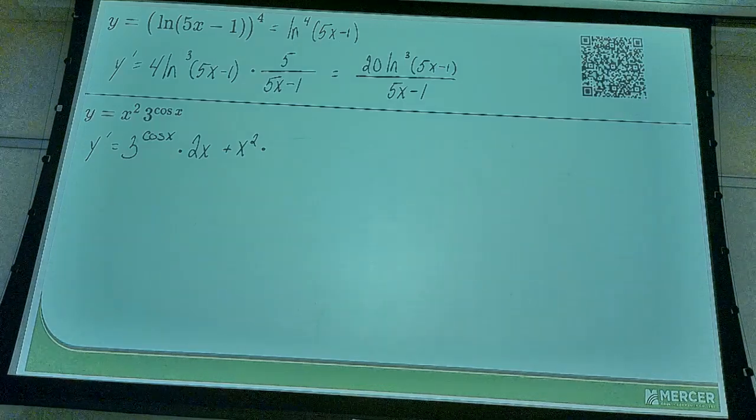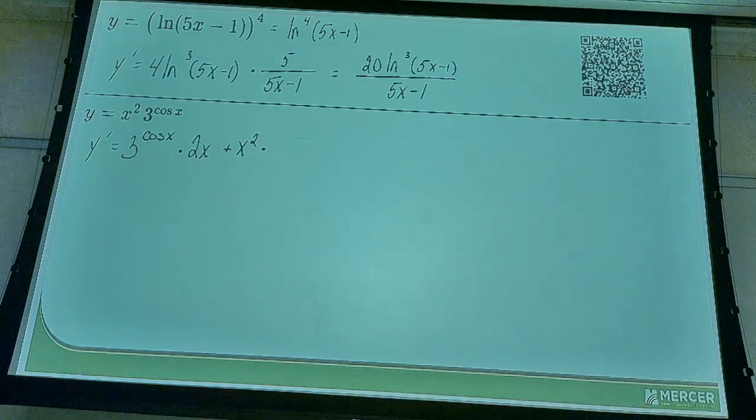What kind of exponential? What's the base of our exponential? 3. It's an exponential base 3 function.